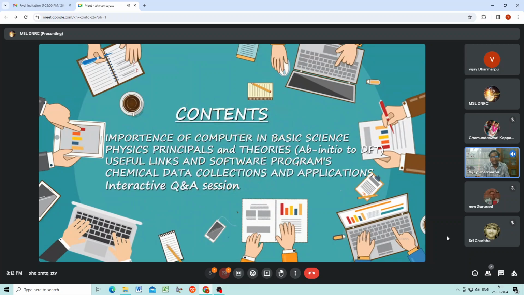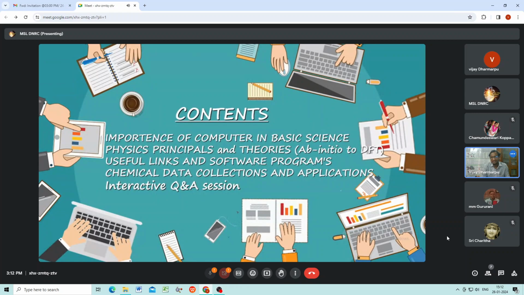For this demo, I have planned these contents to touch upon. Importance of computers in basic science. Then physics principles and theories, some theories like ab initio methods, DFT studies, and molecular dynamic simulations.